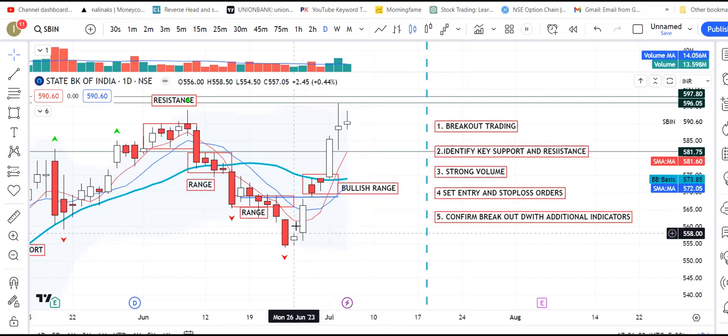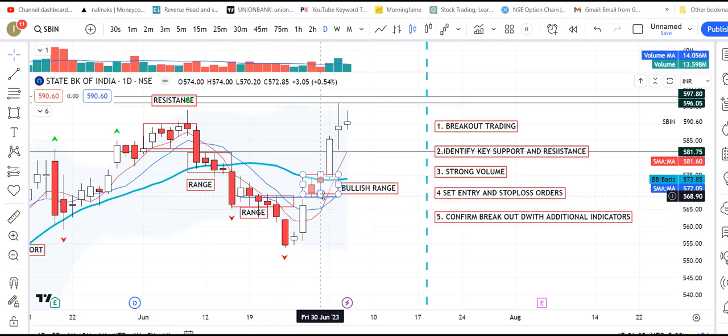This consolidation is above the 2 short period moving averages, the 5 period and 9 period averages, and the shorter period moving average is crossing over. That is a very bullish sign. And this consolidation has happened after the bullish candle formation, which has negated the negativity of this candle.